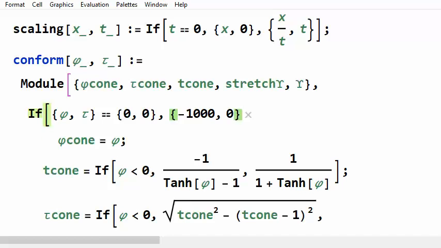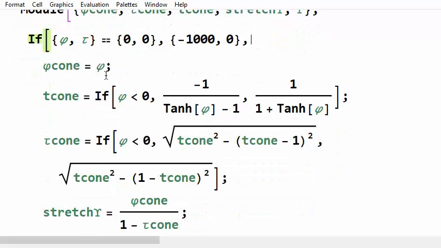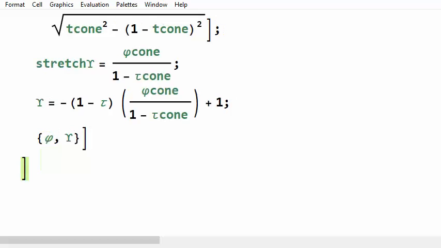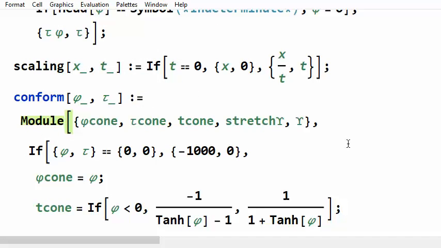Else, we go through all of this and return that. Boom. End of if statement. Actually, we want this the other way around. 0, negative 1000. Okay.